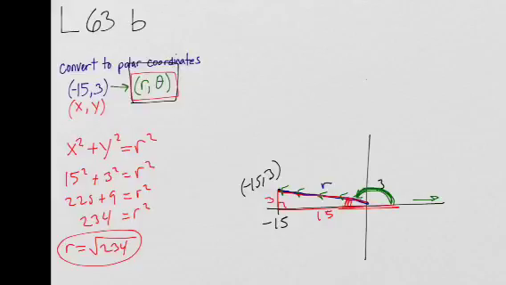So those are supplementary angles. If I can figure out that little angle, I could then subtract it from 180 to find the big angle. And that's what I'm going to do.